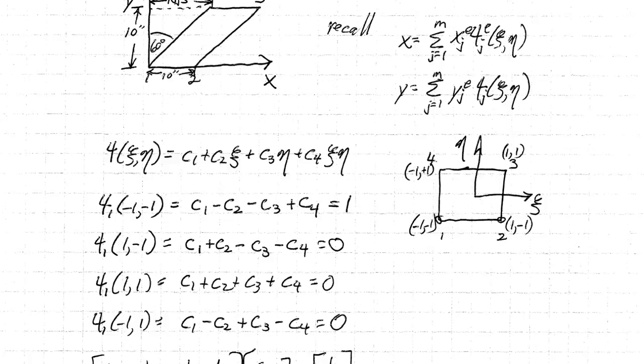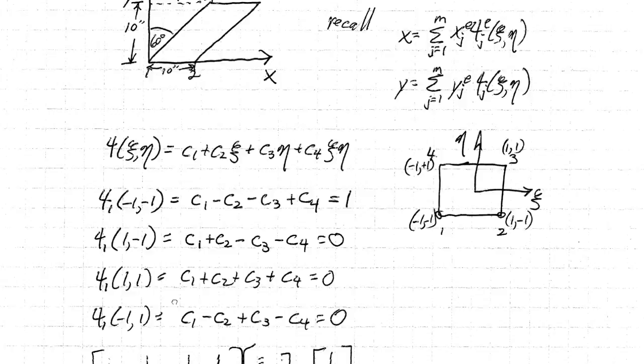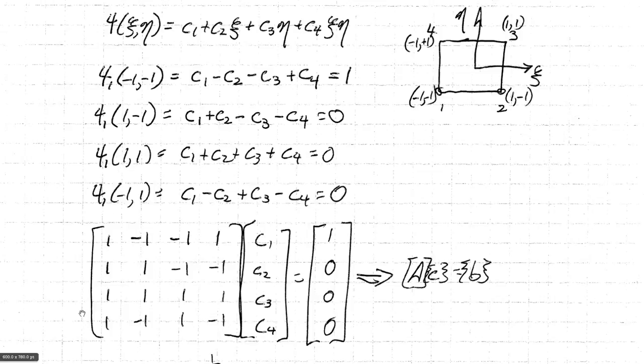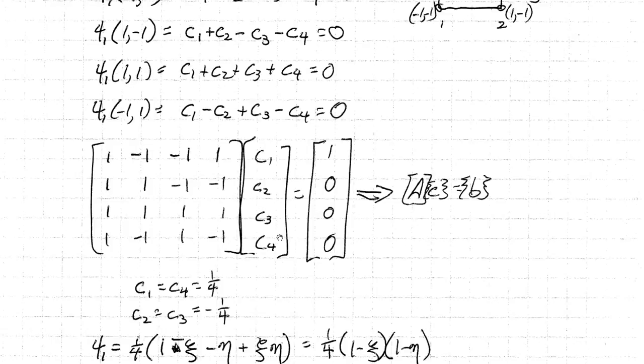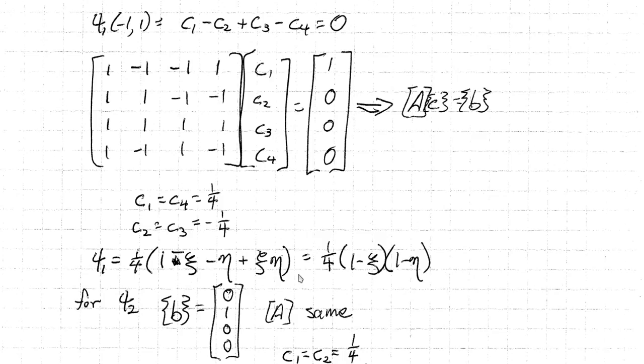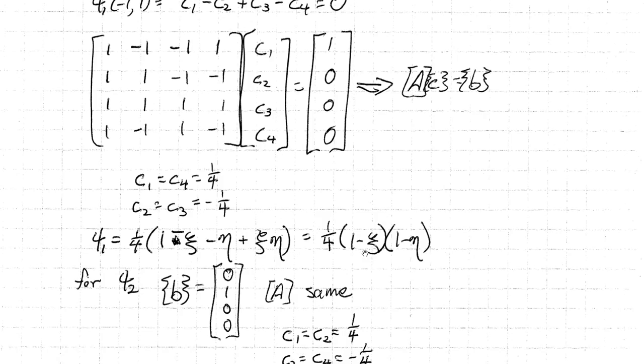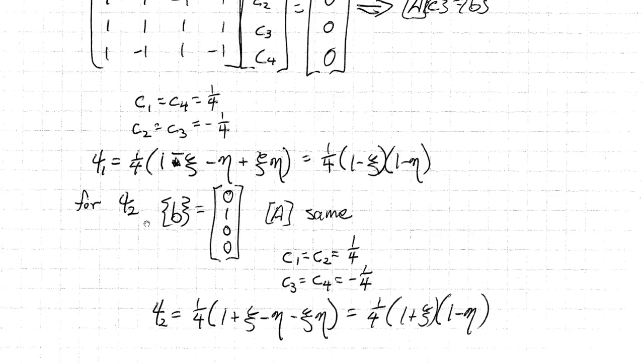So put this into a matrix equation. We get this form. Here are the unknowns, so we take the inverse and we solve, and we get this form for psi1. Do the same thing for psi2, except now this is the node where that interpolation function is 1, the other 3 are 0.